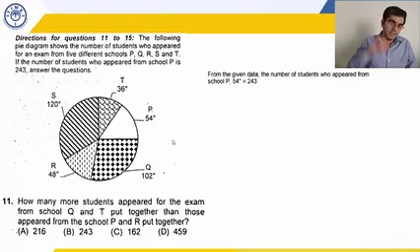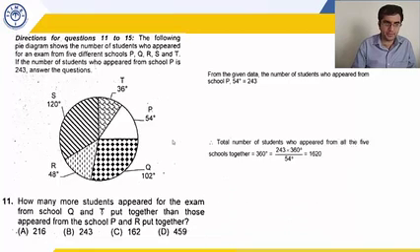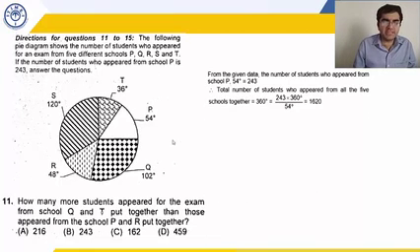Basically, 54 degrees corresponds to 243 students, so we can find out the remaining. What does 360 degrees correspond to? 54 degrees is 243 students, so 1 degree will be 243 by 54, and 360 degrees will correspond to 243 into 360 by 54.